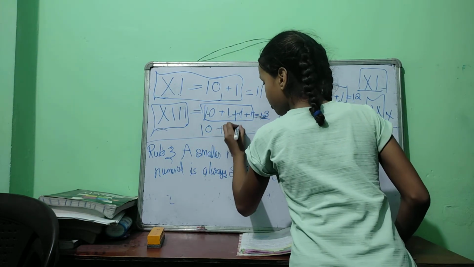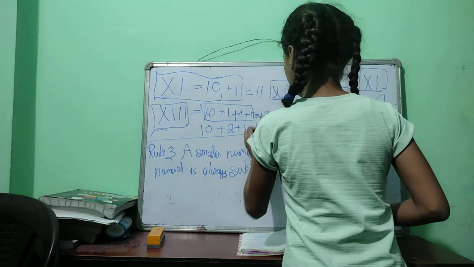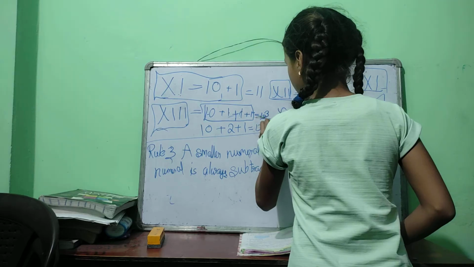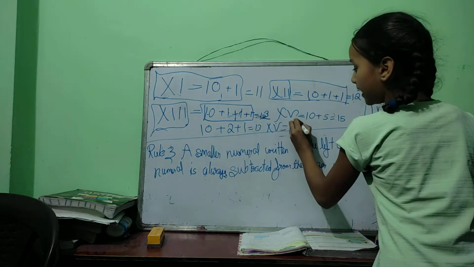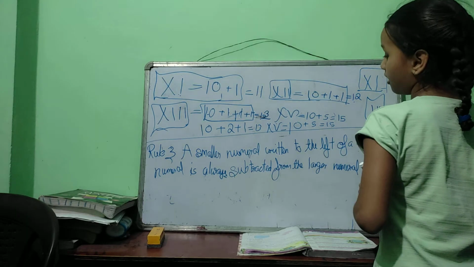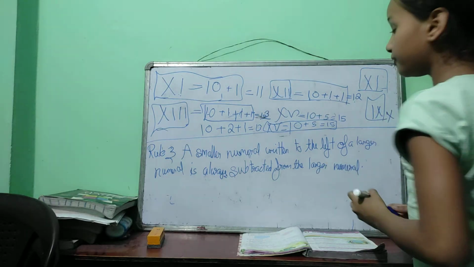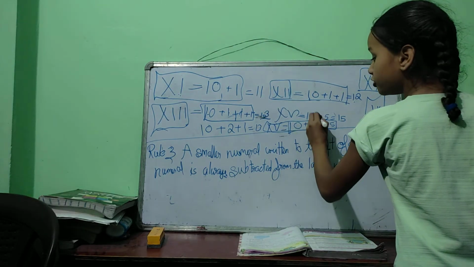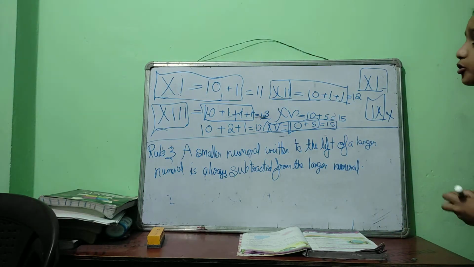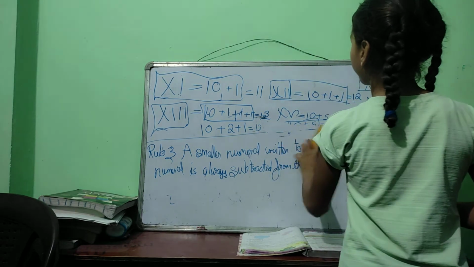XV is known as 10 plus 5 equals to 15. For this, we can't do a short form. It will be a long form.